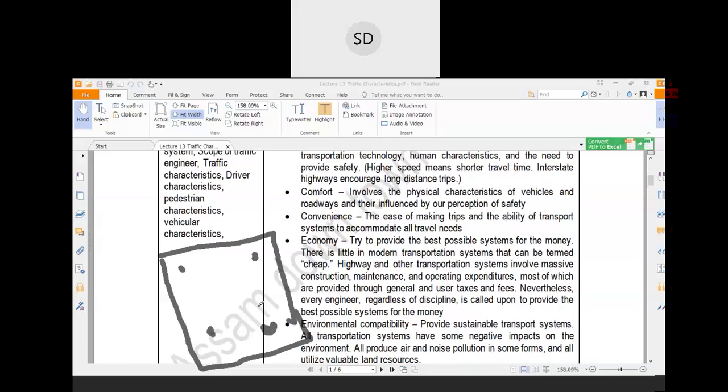Now, as traffic engineering also includes the planning portion, you have to think about the shortest path to connect all these locations. Okay, and your road should pass through the most important positions within your locations. For these reasons, it will increase the convenience of the user to use the road which is available nearer to them.